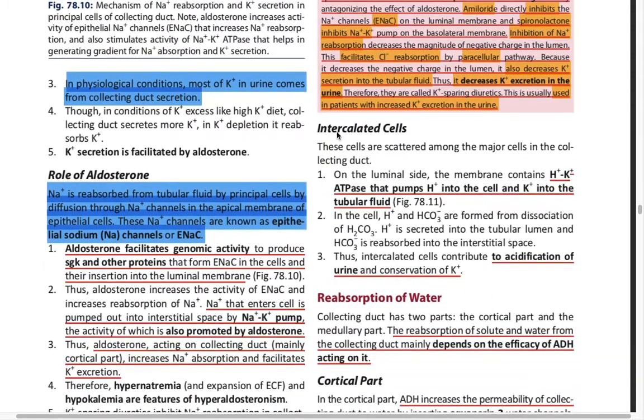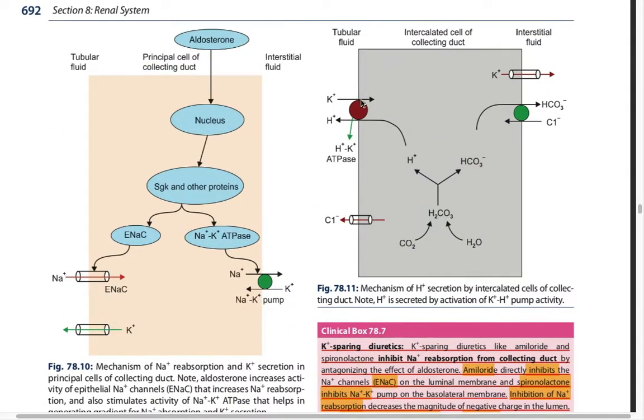Next, coming on to the intercalated cells. These cells are scattered among the major cells in the collecting duct. On the luminal side, the membrane contains the H plus K plus ATPase that pumps H plus into the tubular fluid and K plus into the cell.